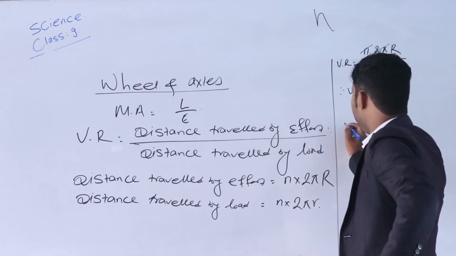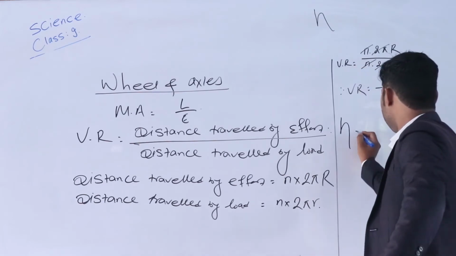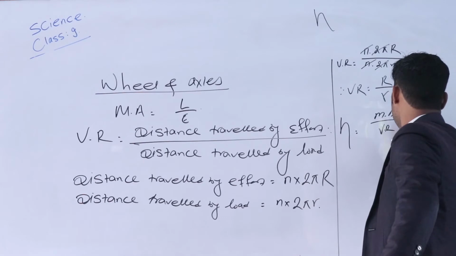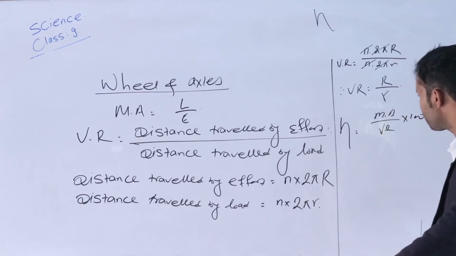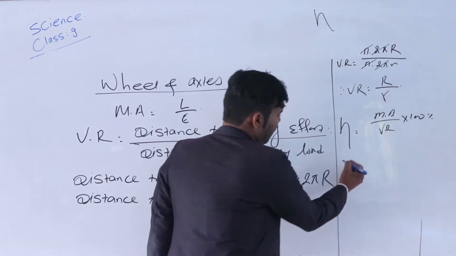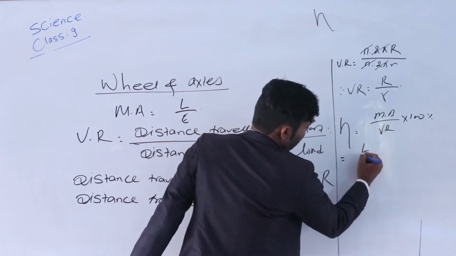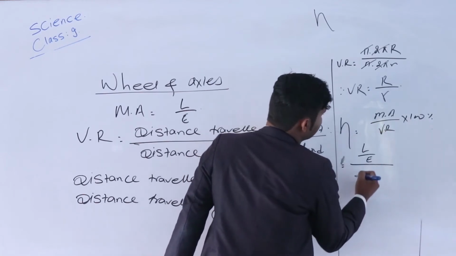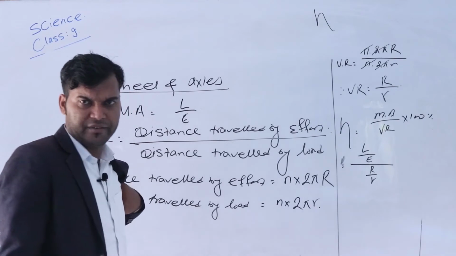And we should calculate the efficiency. Efficiency means MA upon VR into 100%. Please put the values of MA and VR at first. The value of MA is load upon effort, all divided by VR, which is R upon small r.